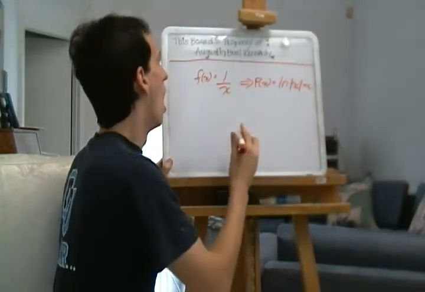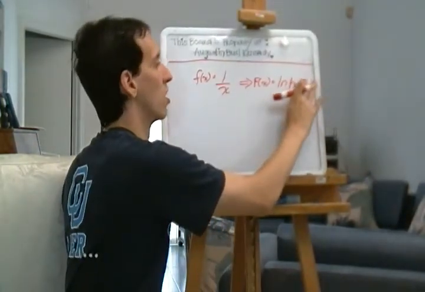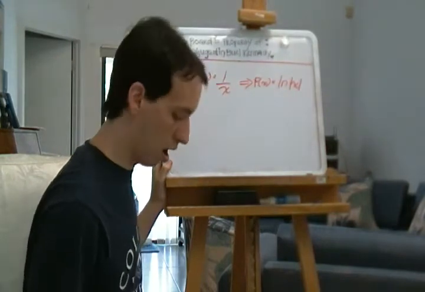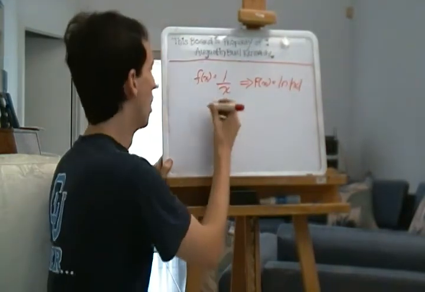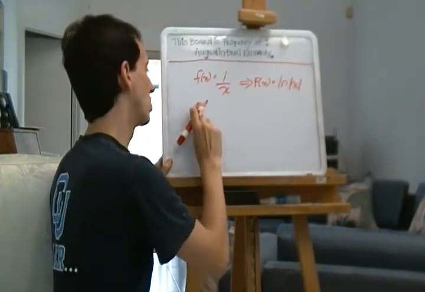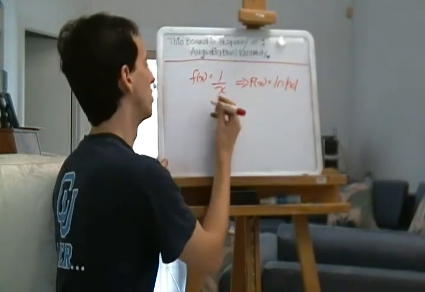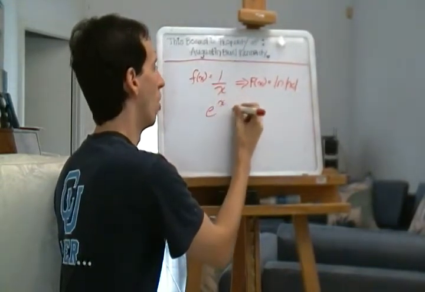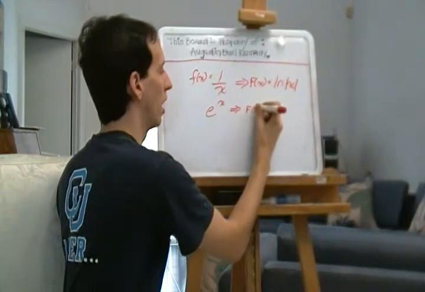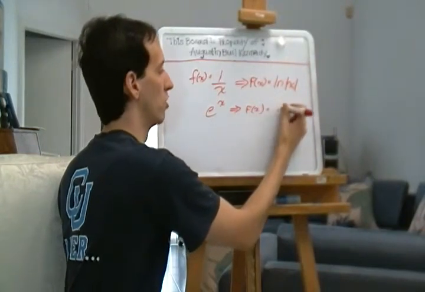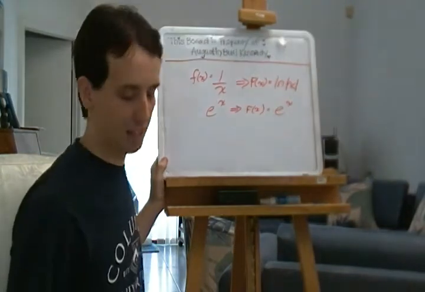Alright? Just remember, there's always going to be a plus c in there. Now, we've got this special case. If f of x is e to the x, well, you might have assumed already, and correctly, that the antiderivative is also going to be e to the x.